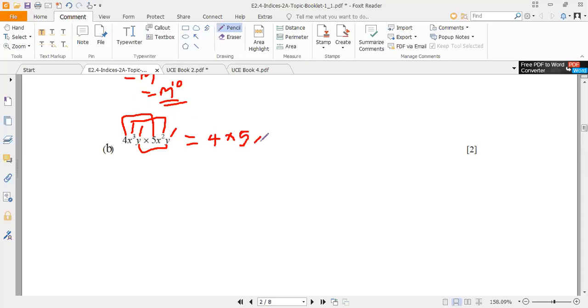Then the x's, times x power 3 multiplied by x power 2. And then the y's, times y multiplied by y.